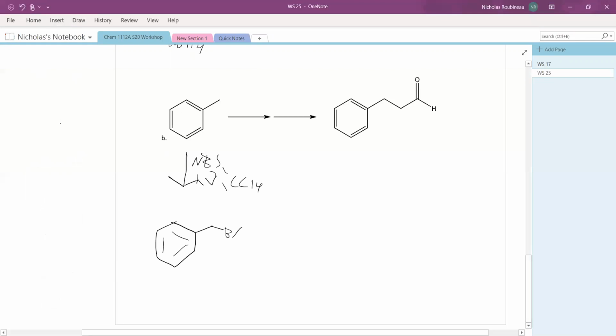Again, we're adding carbon, so we have two potential reactions we could use. We could use this, or we could use this. Those are basically the only two options we have.